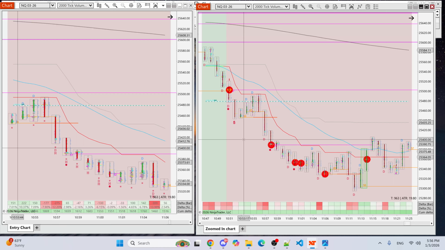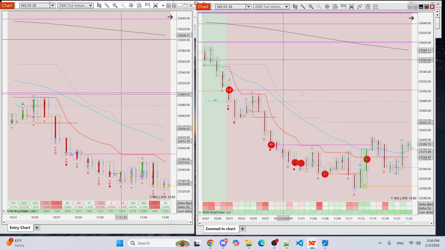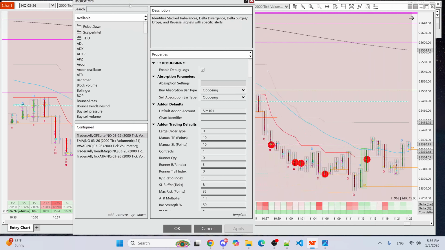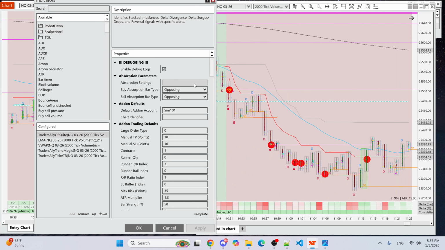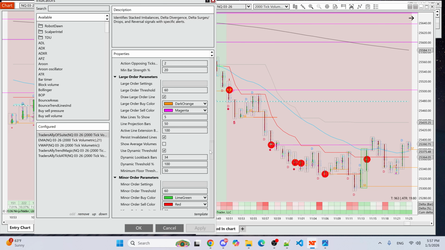So the minor orders are, let's say you want to see, hey, I'm interested not only in large orders, but what if there's going to be a little less than a large order?